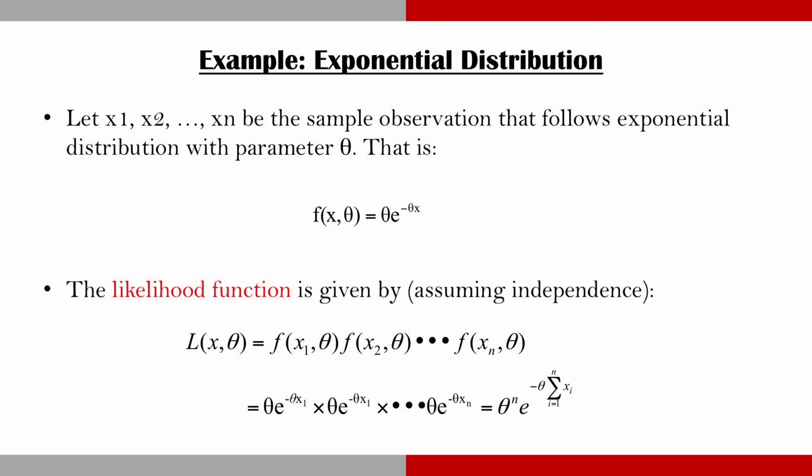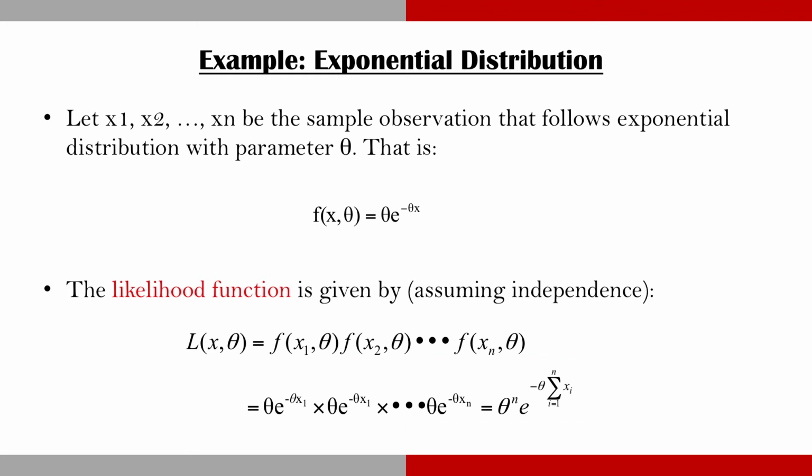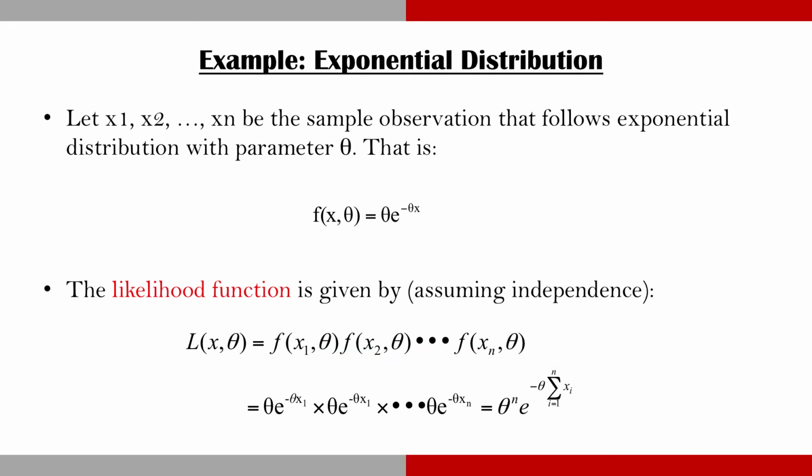When I substitute the density function, this becomes theta times e to the power minus theta x1 times theta times e to the power minus theta x2 and so on up to theta times e to the power minus theta xn, which is theta to the power n times e to the power minus theta summation of i equal to 1 to n xi. So, that is the joint probability.